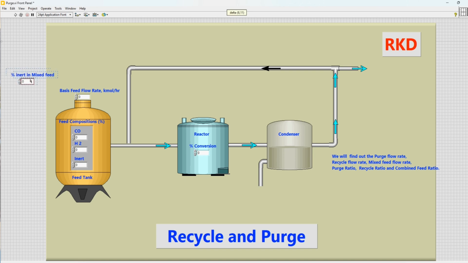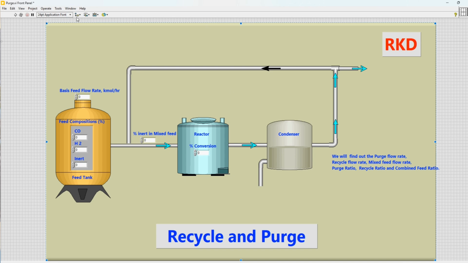The data should be here. I think whatever basic data is required is over. Now we'll see how to find out all these values: purge flow rate, recycle flow rate, mixed feed flow rate, etc.